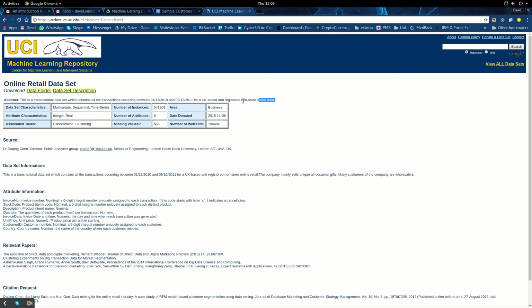And basically, this is real-life data, and it sells all-occasion gifts. We'll have a bunch of information about it, something like the invoice number, product description, the quantity of each item bought, the date the invoice was placed, the number of units, customer ID, and the country from where that particular invoice came.